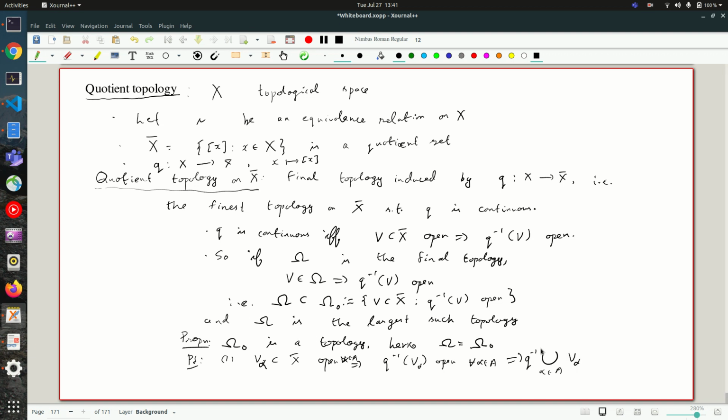So if I look at Q inverse of this, it is the union of Q inverse of V alpha. But that is open for all alpha, so the union is open.